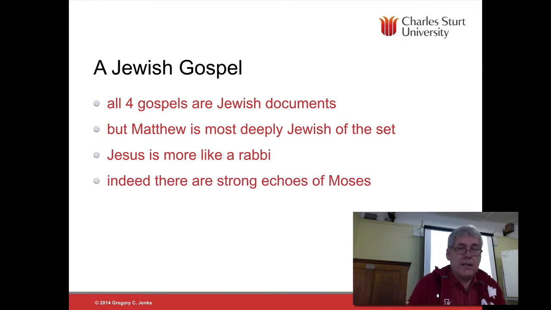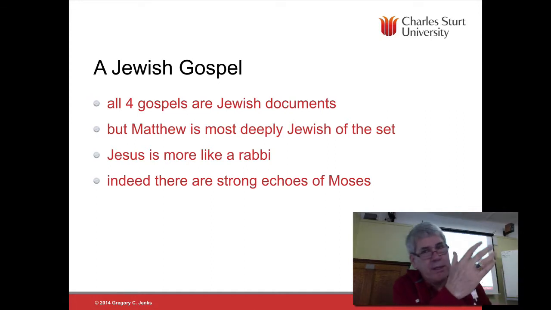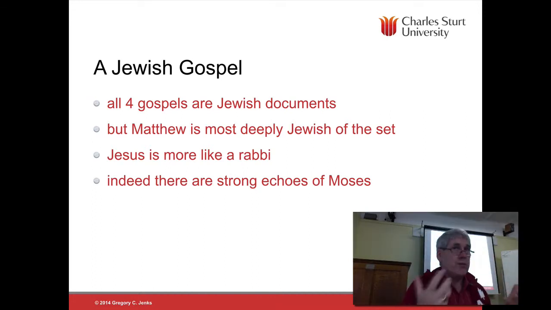And he acts as a kind of interpreter of the law, and it seems at a number of points Jesus is being cast in the role of a new Moses. The most obvious example of that, of course, is the Sermon on the Mount, where he goes up a mountain and reveals God's new requirements, a bit like the Sinai story in a kind of way.